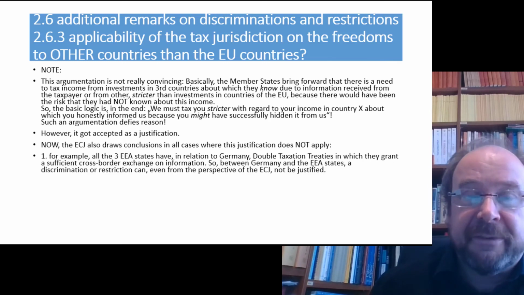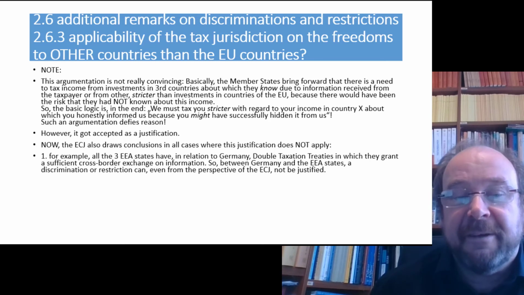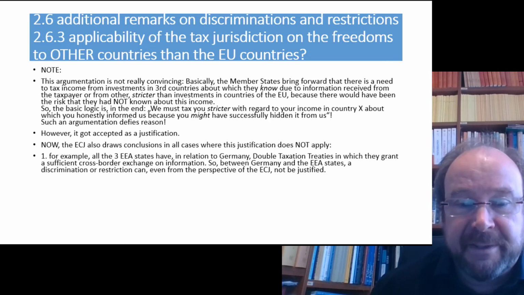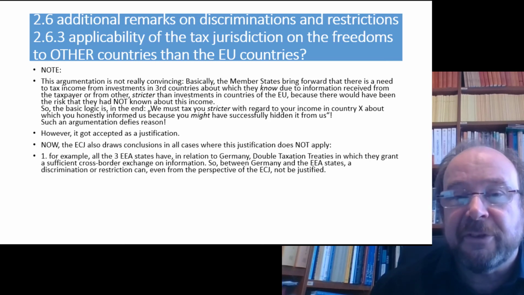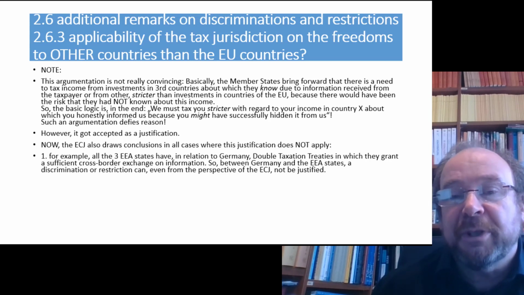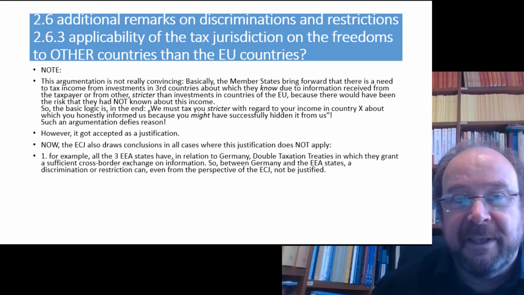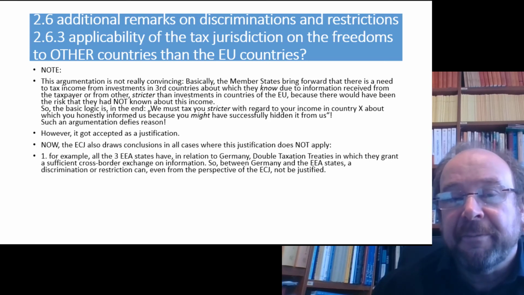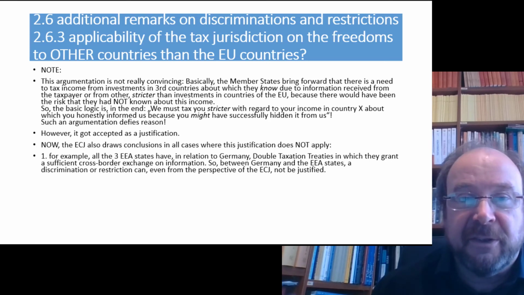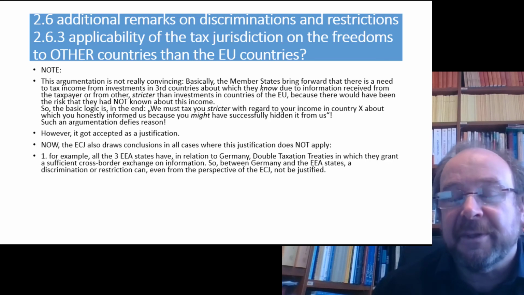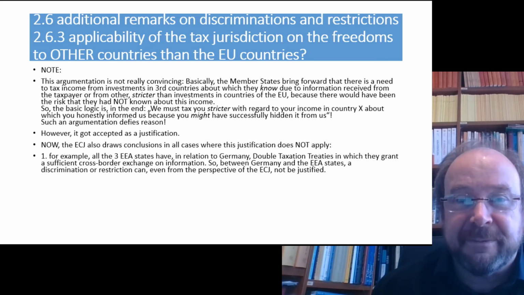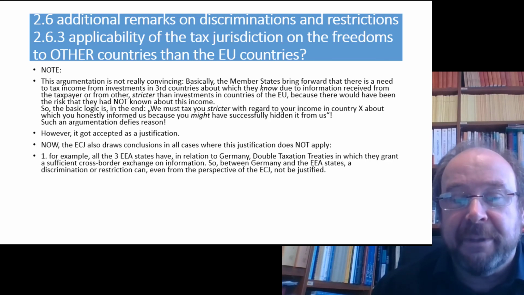So all the three EEA states, for example, have signed and practice double taxation treaties with Germany in which they grant a comparable, sufficient cross-border exchange of information and mutual assistance. So between Germany and the three states of the EEA, the argument that a discrimination cannot be seen because the legal framework is different can no longer be upheld.